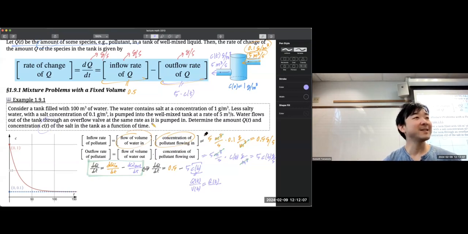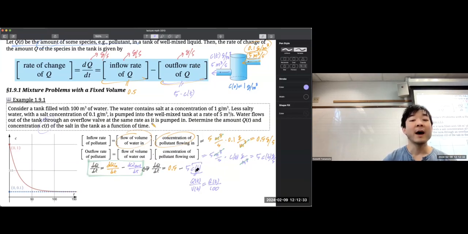It's constant and equal to 100. You have a tank filled with 100 cubic meters of water, pumped in at a rate of 5 cubic meters. The outflow valve pumps it out at the same rate, so it's always fixed at 100. Concentration, if you remember from chemistry, is amount over volume.